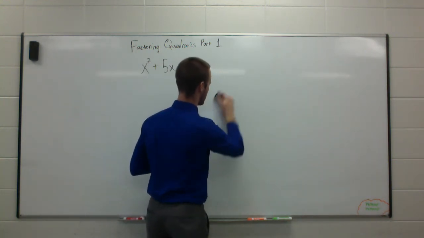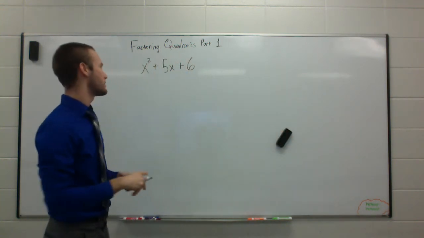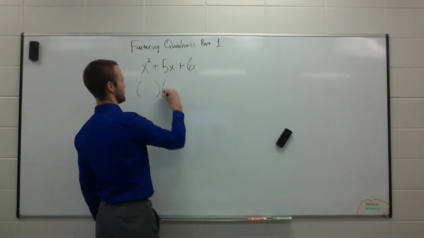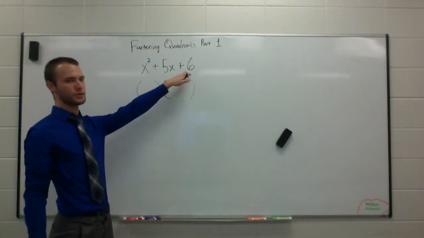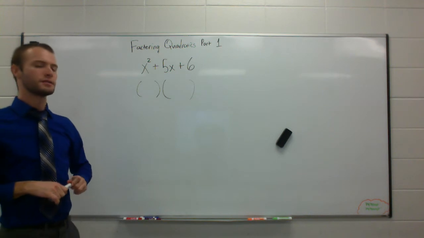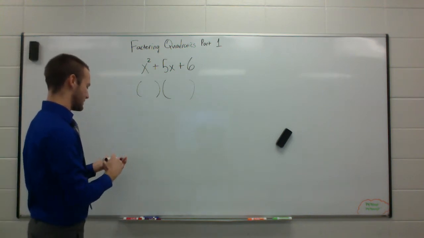So we're going to find two binomials, right, that are going to multiply to create x squared plus 5x plus 6. And the way you do this almost seems like magic, at least in this case.